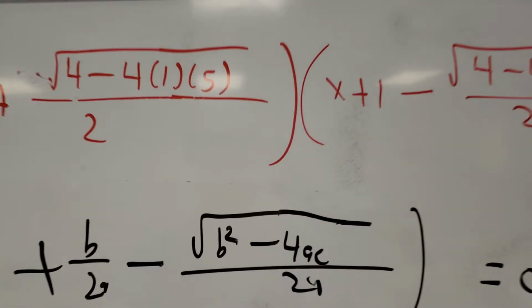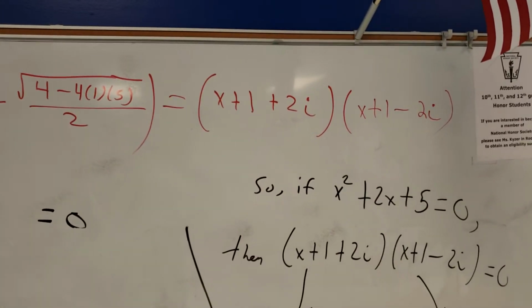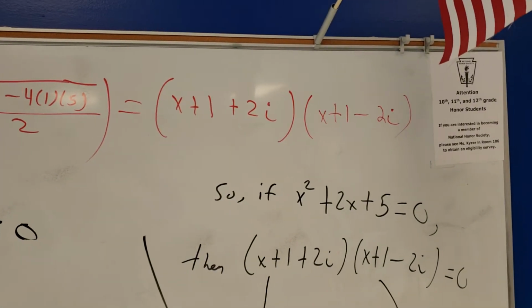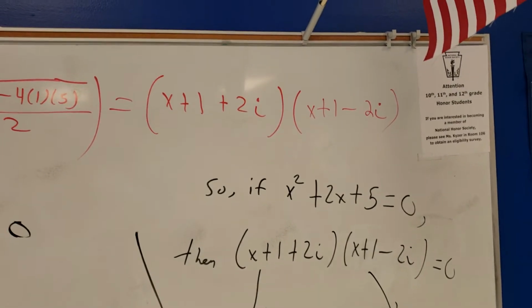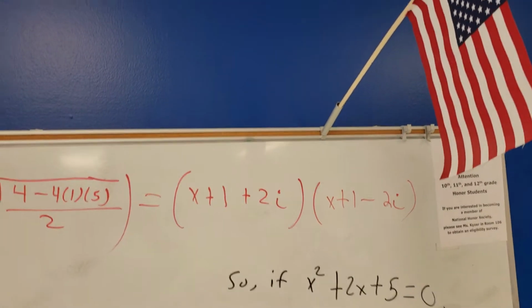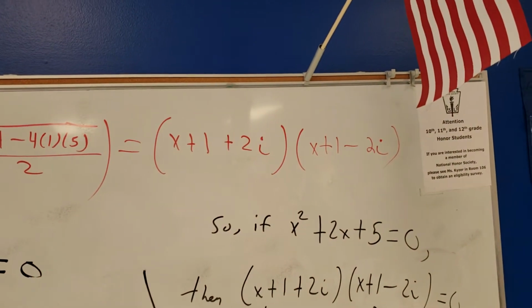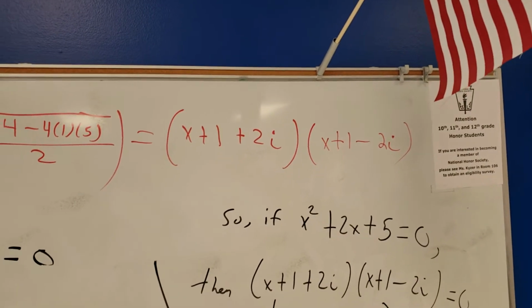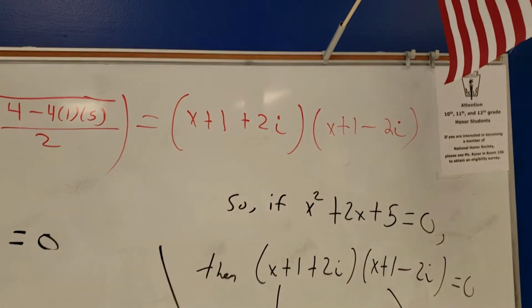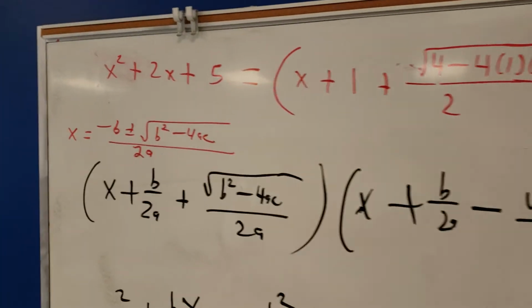I went ahead and cut to the chase there. I didn't feel like writing all that out, so you're at the mercy of my verbal explanation. So I have x plus 1 plus 2i, and x plus 1 minus 2i. I'm just doing what's in red right now. And that's the factorization of the original thing, x squared plus 2x plus 5.